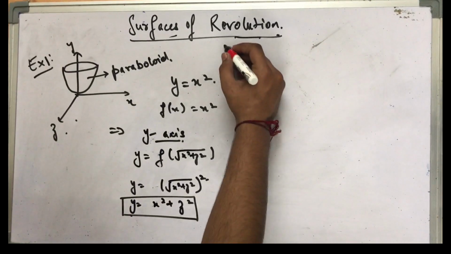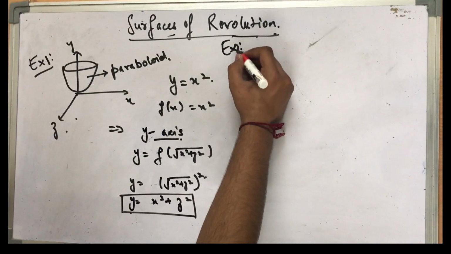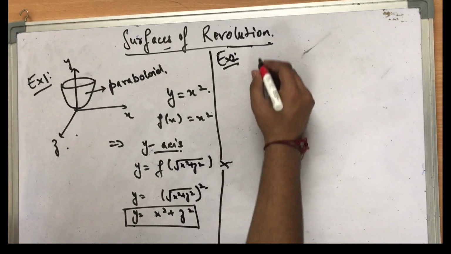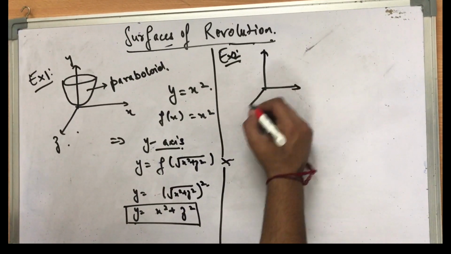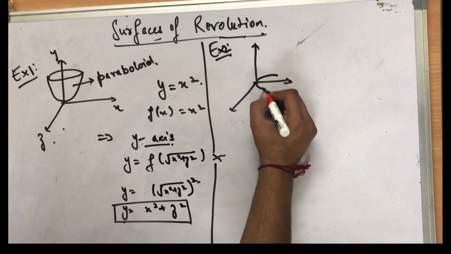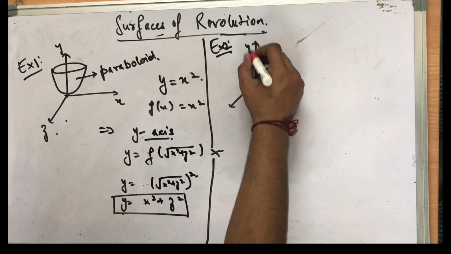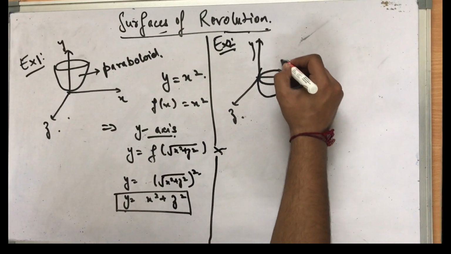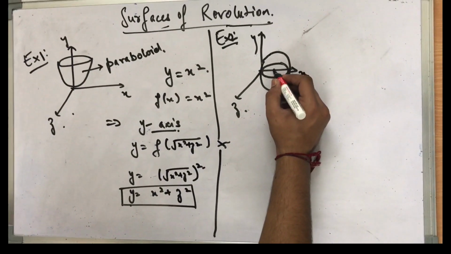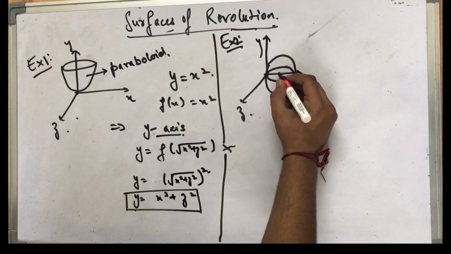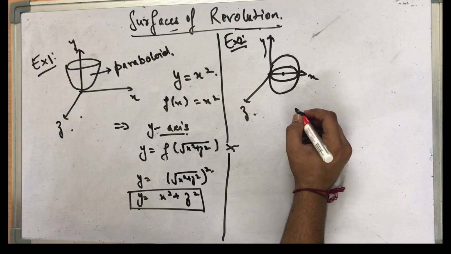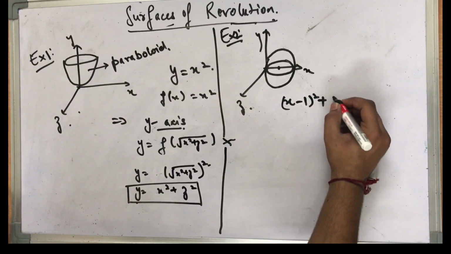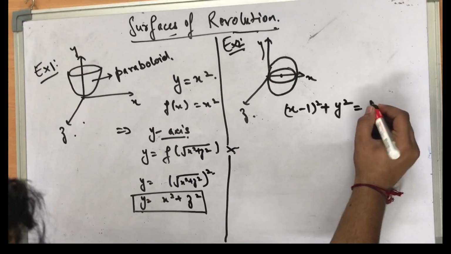So let's take example 2, which is rotating a circle, say this is the circle, about the x-axis. So basically it will be a sphere. Let's say the equation of this circle is x minus 1 the whole square plus y square is equal to 1.